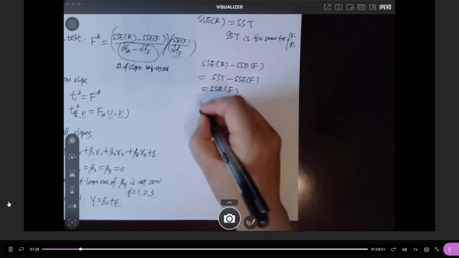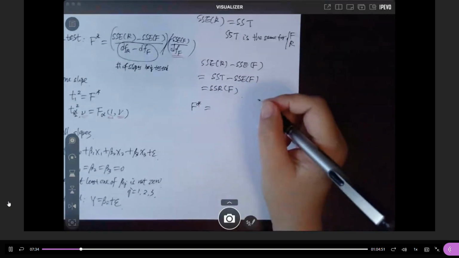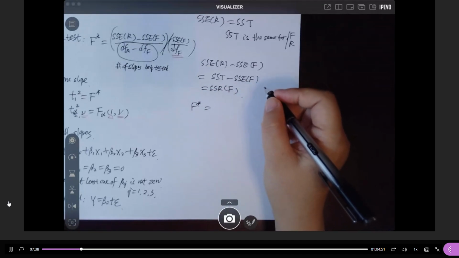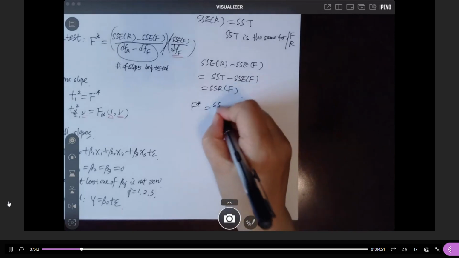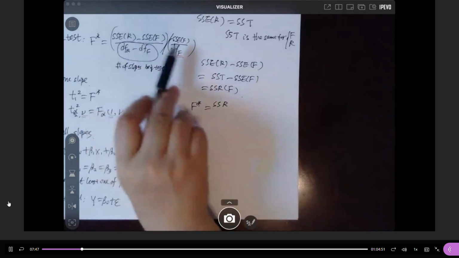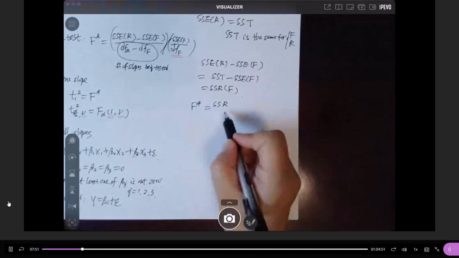So eventually your F star here becomes what? On top, you have SSR, because on both top and bottom we are talking about the full model. You can remove the R and F and just talk about SSR, right?